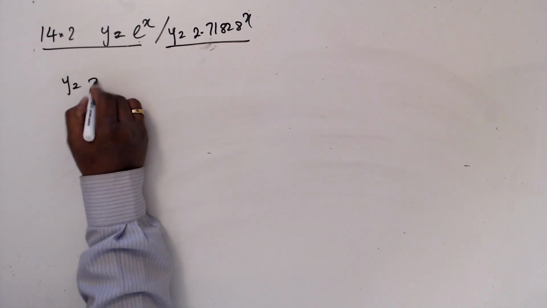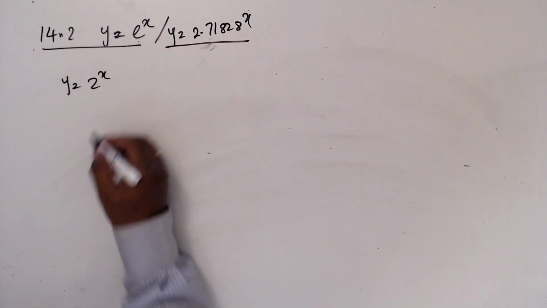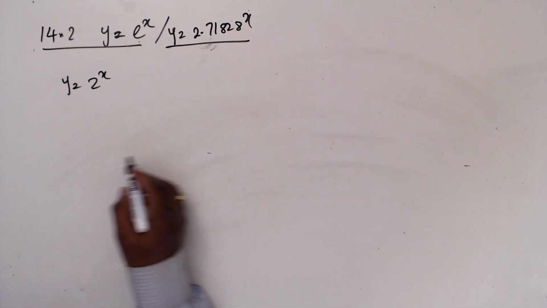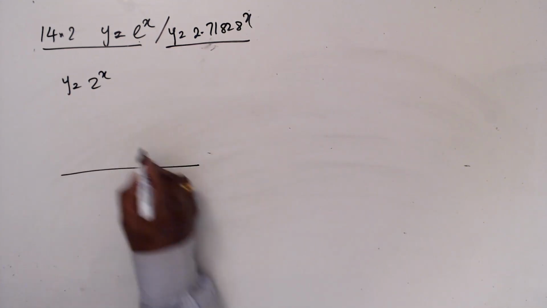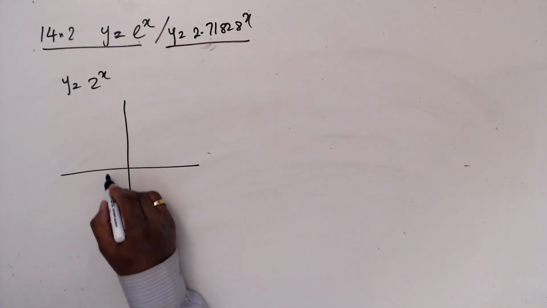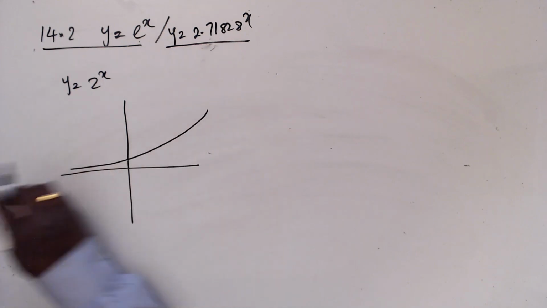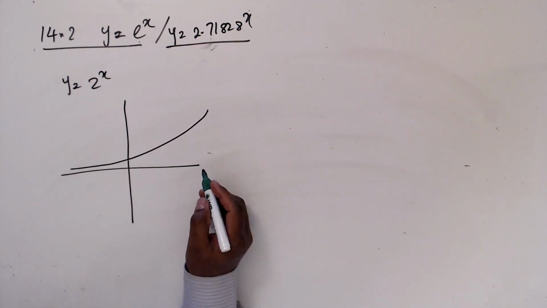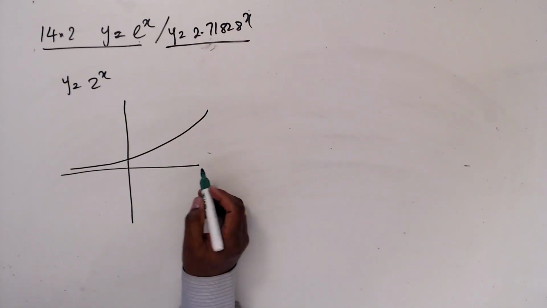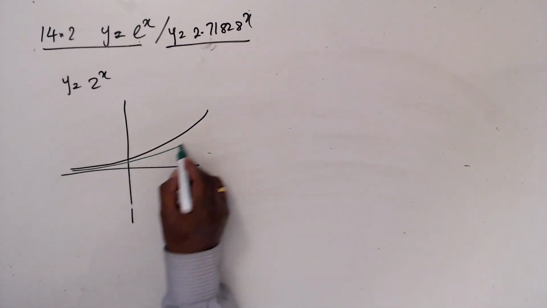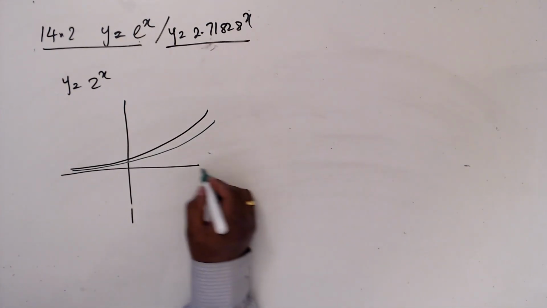So if you take y equal 2 to the power x, then we are drawing the gradient graph also, in the same graph.